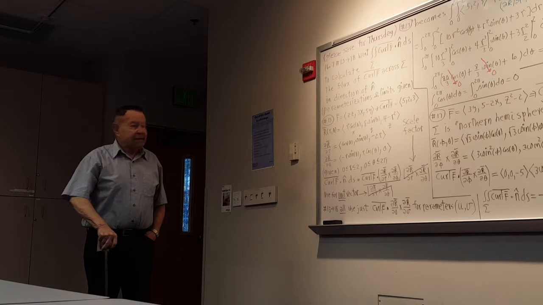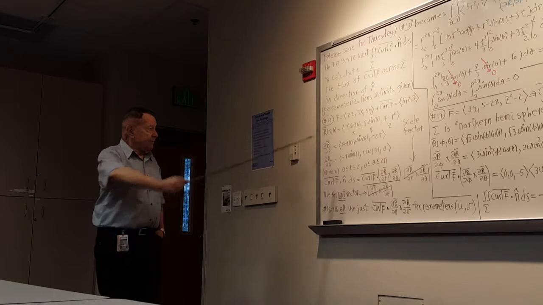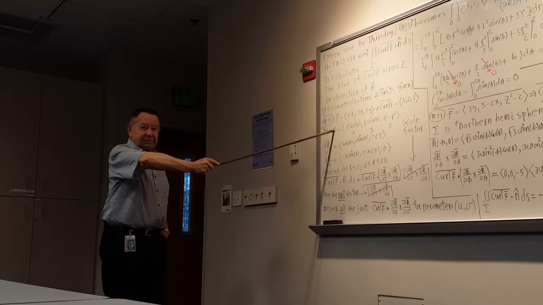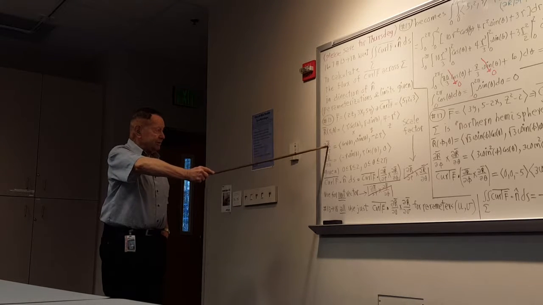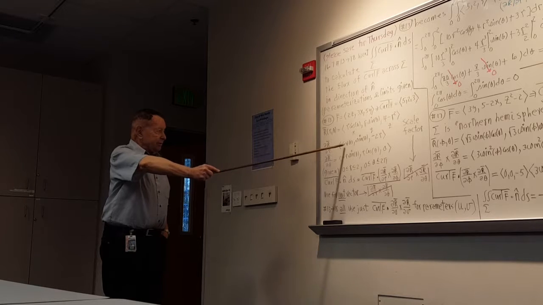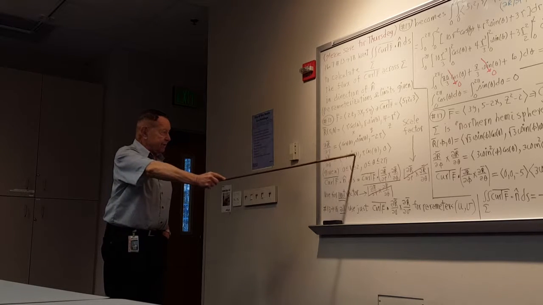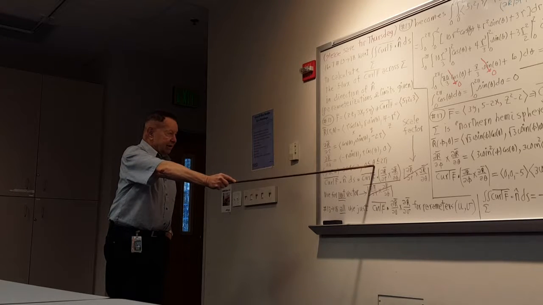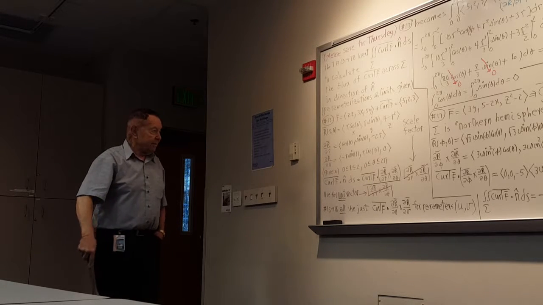So if you do your partials with each of your variables or parameters, you get your partial with r and your partial with theta, and they give you these limits for r and theta in the problem.